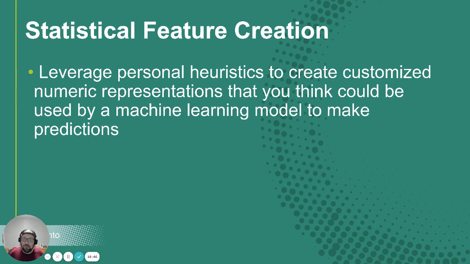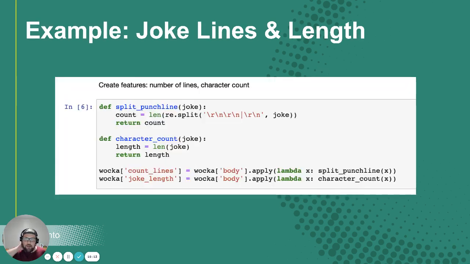Okay, so using all these concepts, what we were going to do is create features to train our model on. So we're going to create these statistical models. We're going to leverage some personal heuristics. So we're going to think about these jokes and what might contribute to a more popular joke or a better received joke, and try to see if we could train a machine learning model to make a prediction on that.